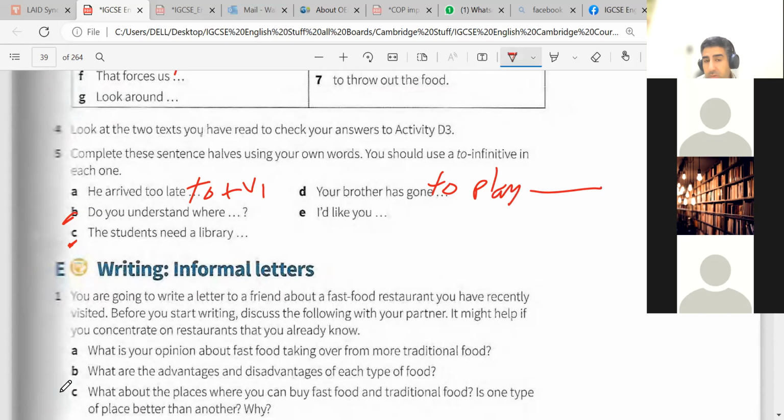I'd like you, complete, please. I'd like you what? I'd like you to go with me to the cinema. Okay, perfect. Khalid, what did you write for E? To come to the party. I'd like you to come to my birthday party. Perfect, guys. Well done.